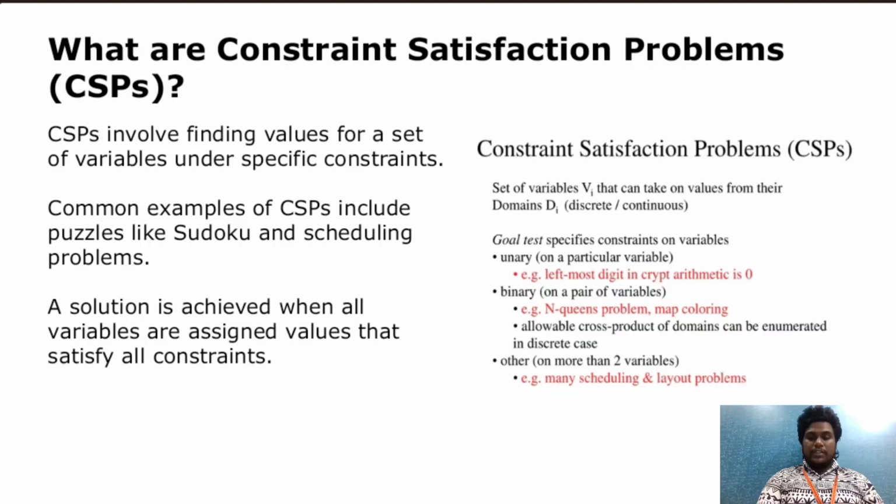Binary constraints are on pairs of variables. Examples: N-queens problem, map coloring. The allowable cross product of domains can be enumerated in the restrictive case. Others involve more than two variables. Example: many scheduling and layout problems.